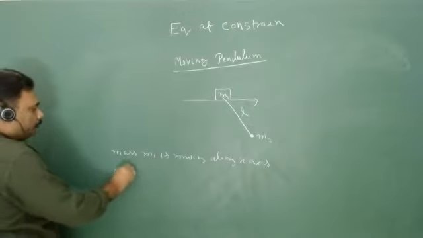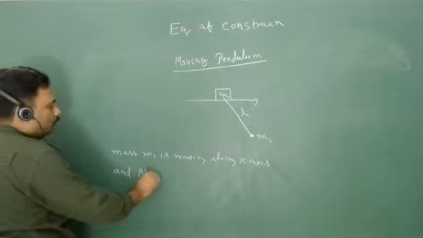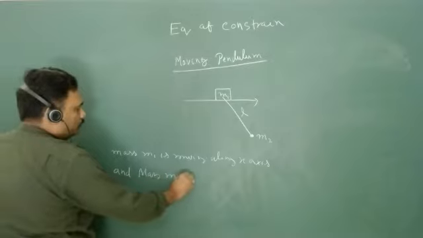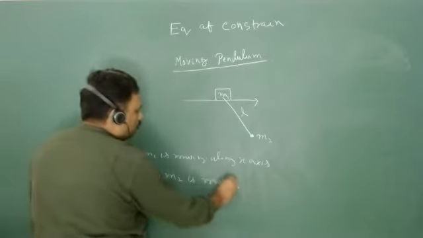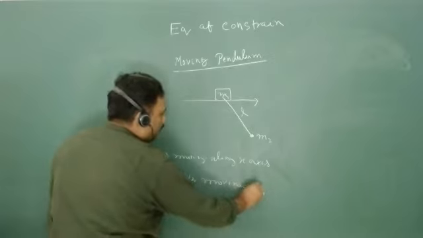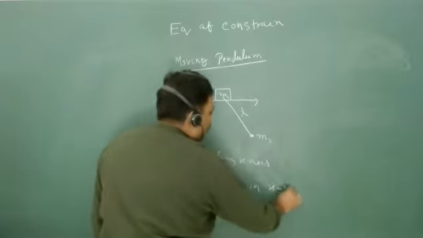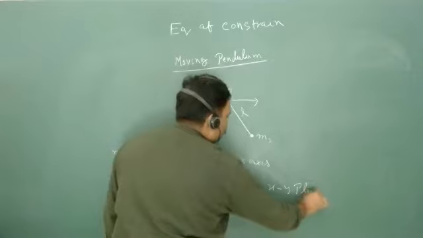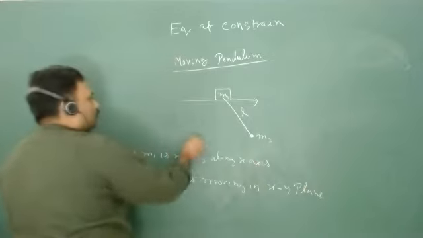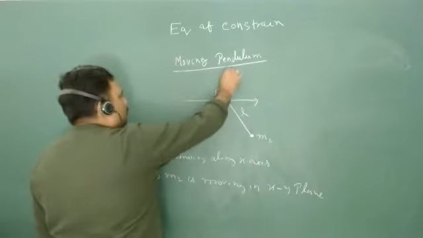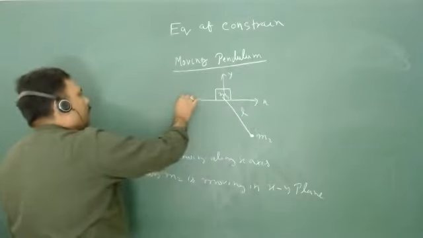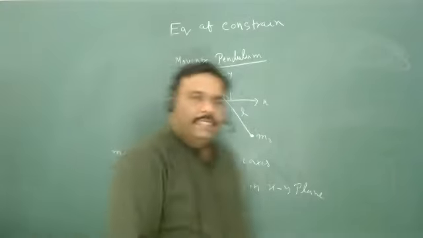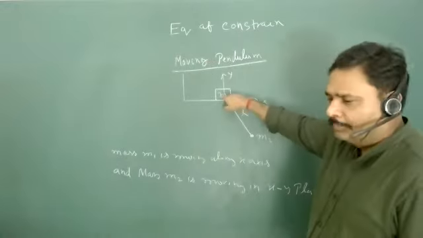And mass M2 is moving in XY plane. So let's say this is my y-axis, this is my x-axis. Should I put origin here this time?